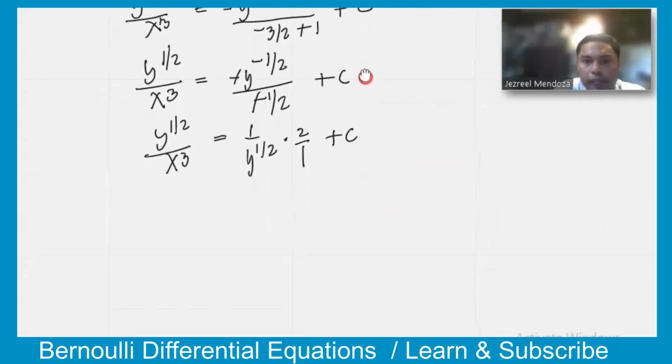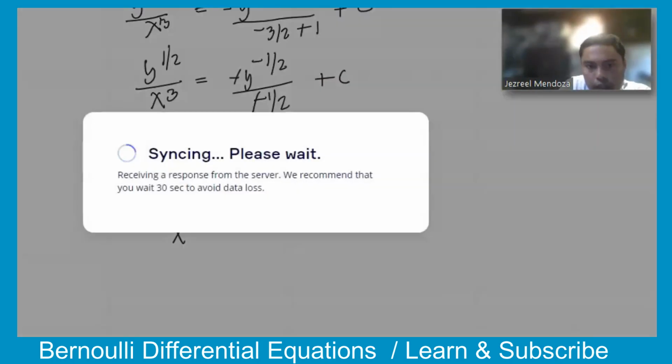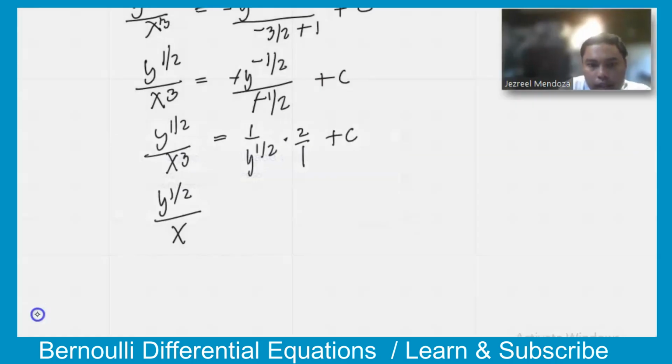Or you can have y to the 1/2 over x cubed equals 2 over y to the 1/2 plus c.